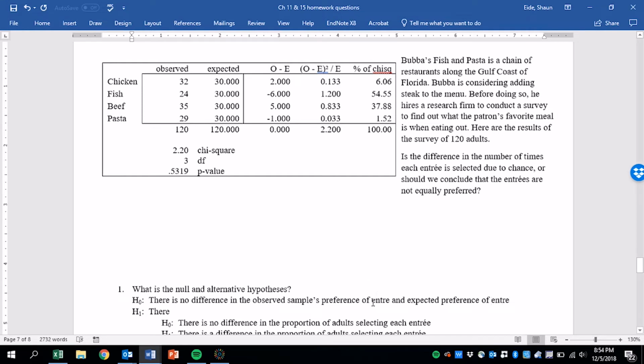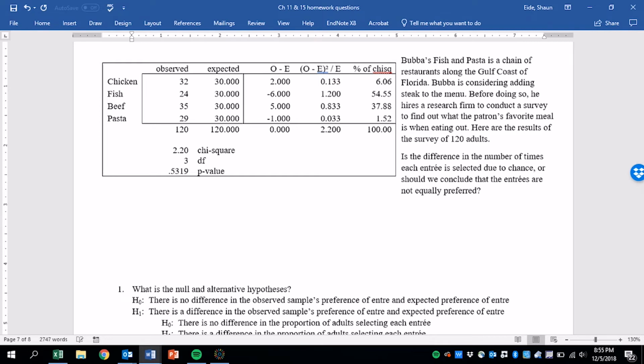Okay. And then for the alternative hypothesis, you can pretty much do the exact same thing and say there is a difference.